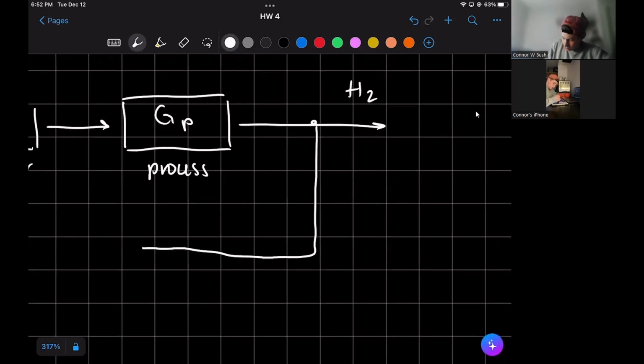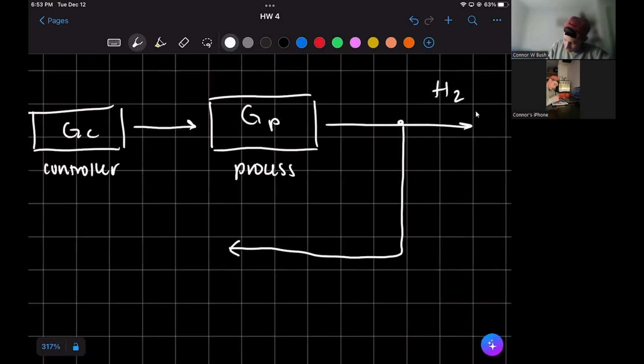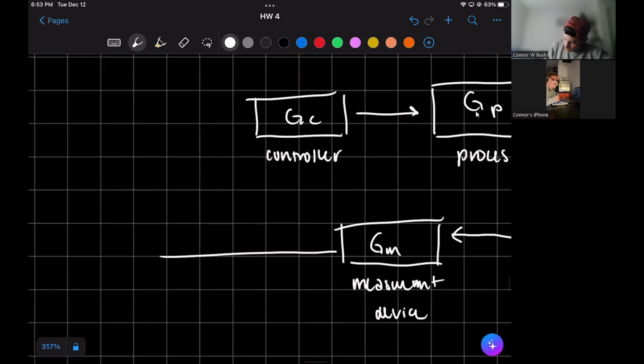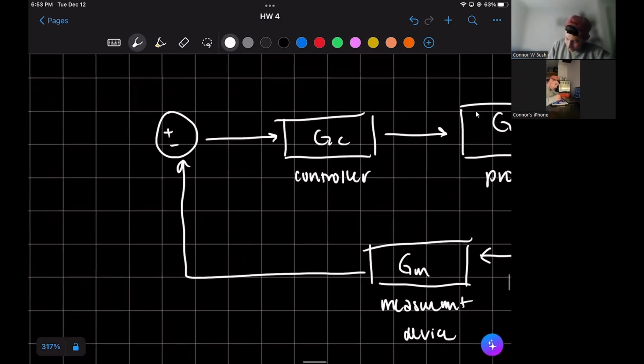Again, this backwards loop here feeds into a measurement device, GM, which sends the result to the comparator, where we are looking at the set point and then subtracting this H2 that we measured in the process.